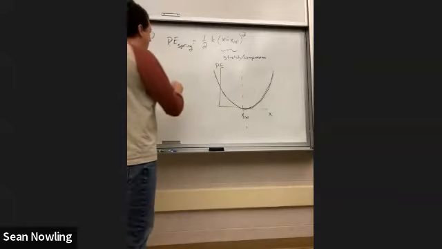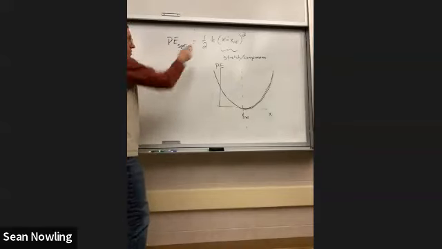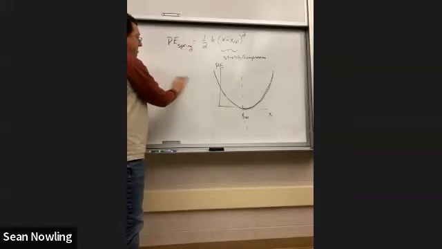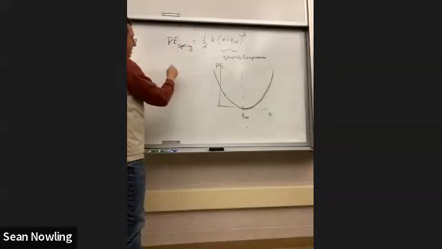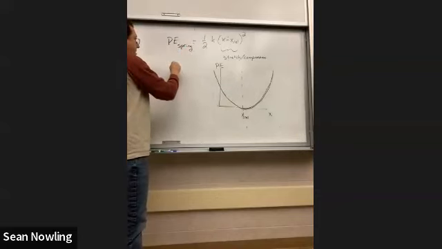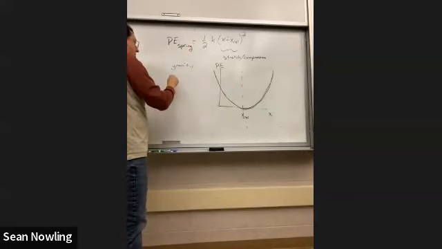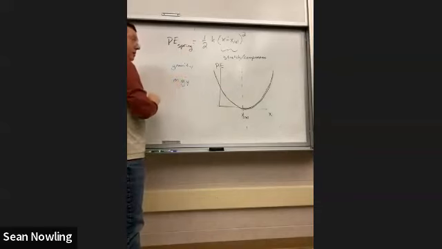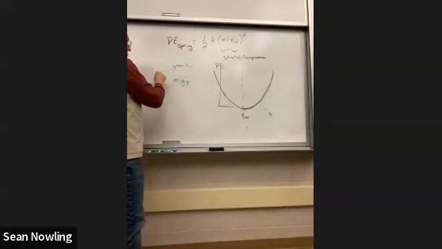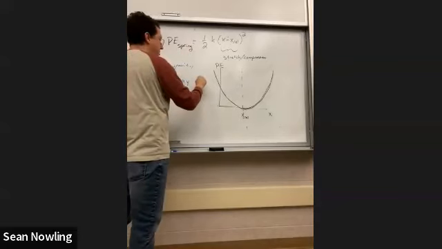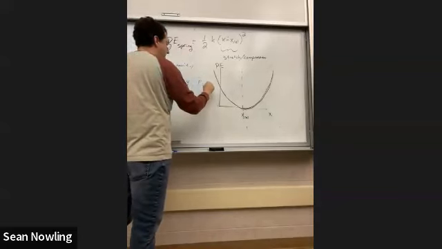So I want to just point out something, then we'll go back to this example, because this is really important more generally. For gravity, the potential energy was mgy, and the force was minus mg.